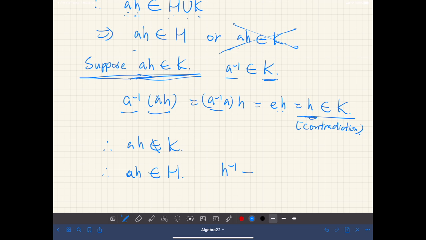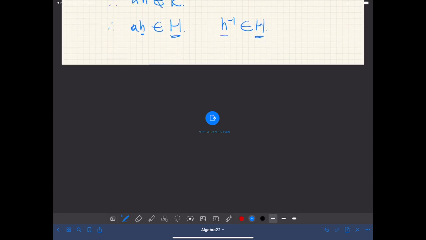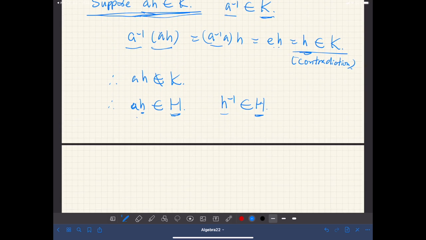Okay, but h inverse is an element of H because this lowercase h belongs to this uppercase H, which is a subgroup. Therefore, this lowercase h inverse is also an element of this uppercase H. So if we multiply ah from the right by h inverse, then this is a.